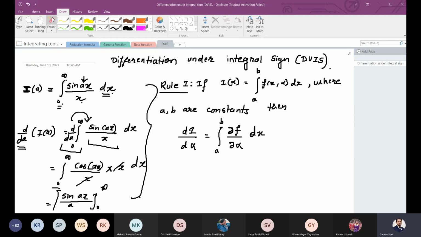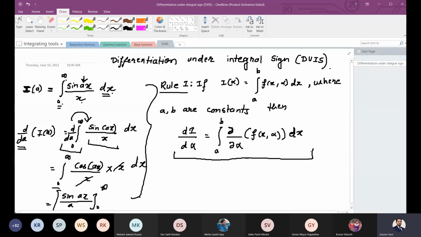So what conclusion are we drawing? Anyone, can you explain this? Rule number one. Anyone who can give it a try? So what is rule number one trying to tell you?